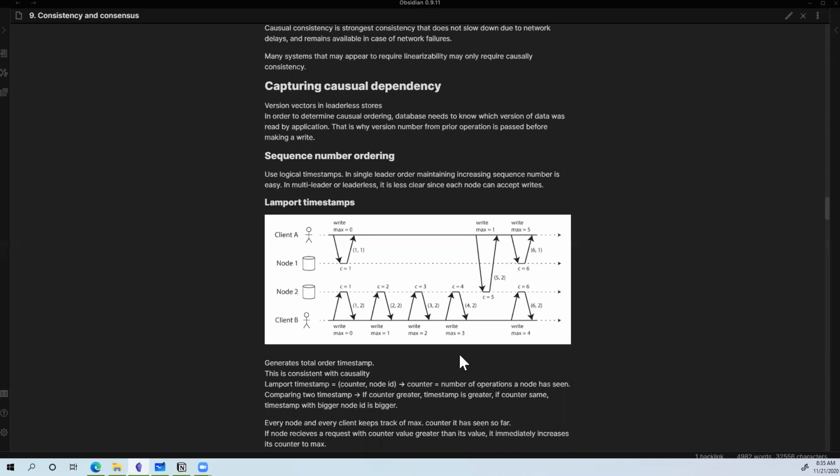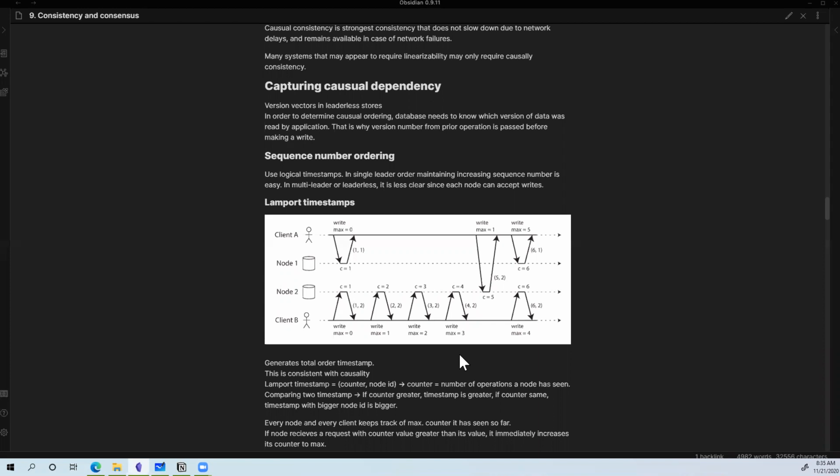Another thing is, let's look at node 1 and node 2 in this diagram. We don't know the total order, but the total order will be guaranteed when all nodes communicate and talk.